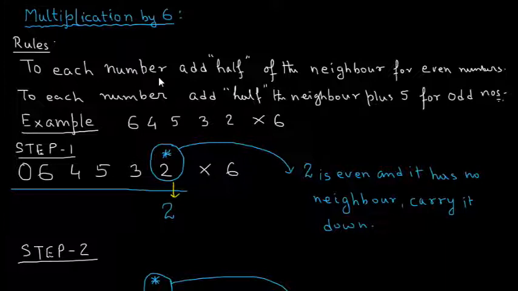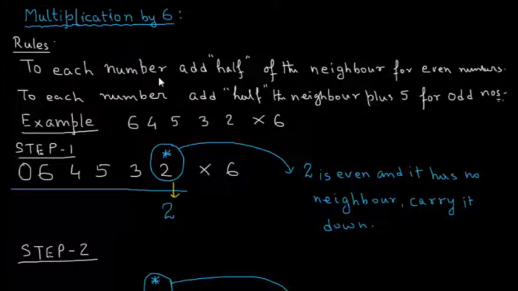So if the number is even, just add half of its right hand side number, and if the number is odd, you add 5, then you add half of the right hand side neighbor. So the first number is 2, with no right hand side neighbor. 2 is even, so it will just be carried down.